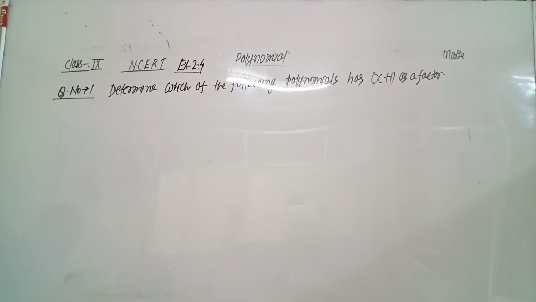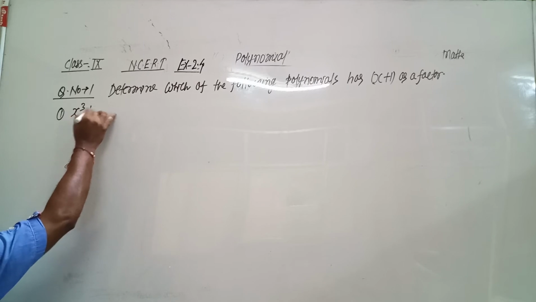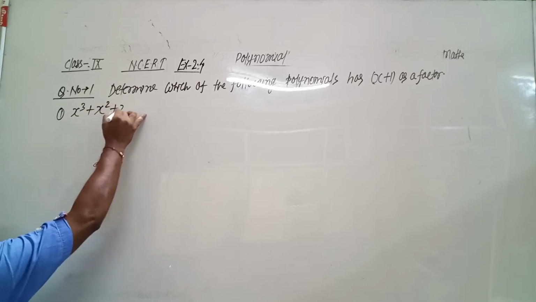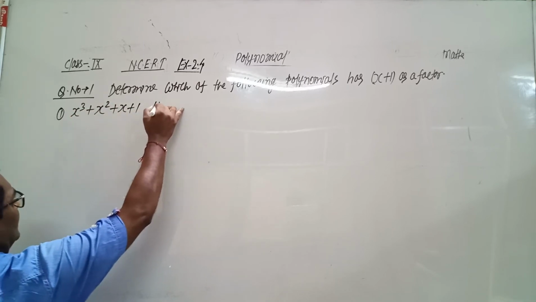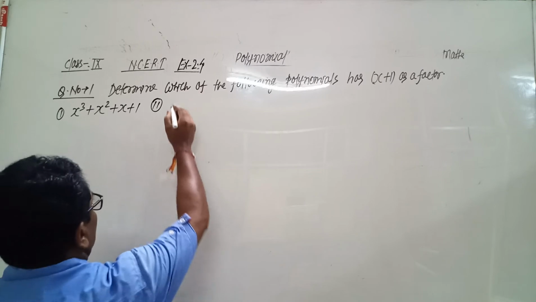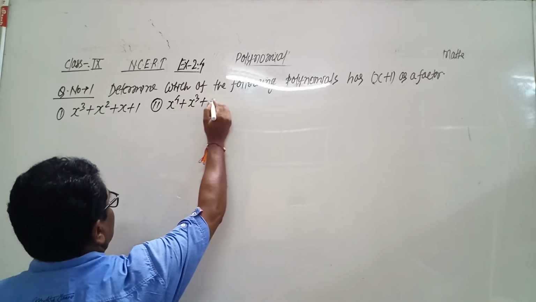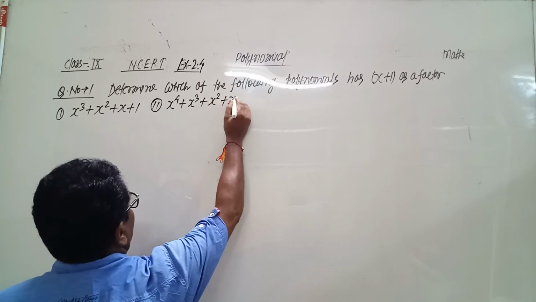The first part is x cube plus x square plus x plus 1. The second part is x raised to the power 4 plus x cube plus x square plus x plus 1.